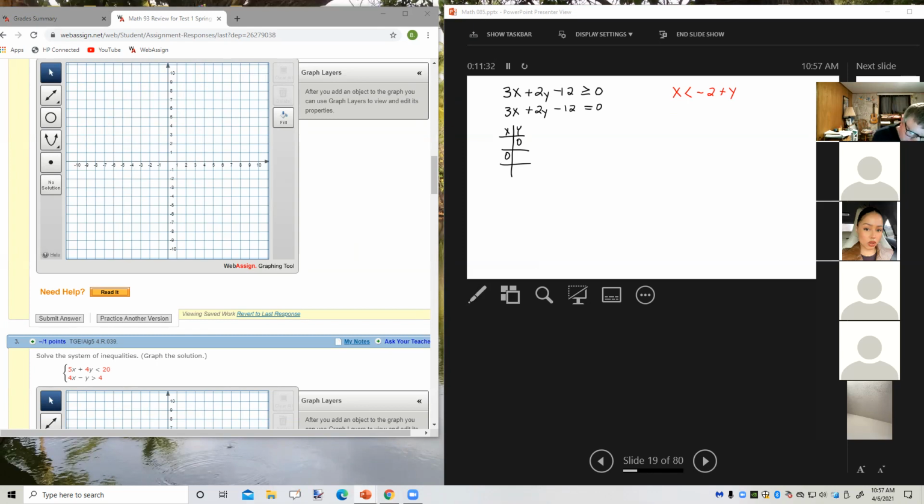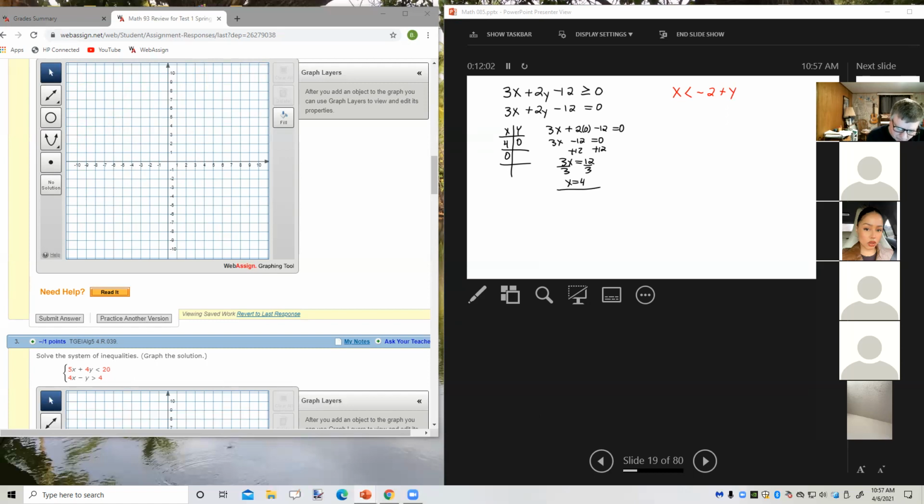So if y is 0, we get 3x plus 2 times 0 minus 12 equals 0. 3x minus 12 equals 0. Add 12 to both sides. 3x equals 12. Divide by 3, x equals 4. Any questions there?